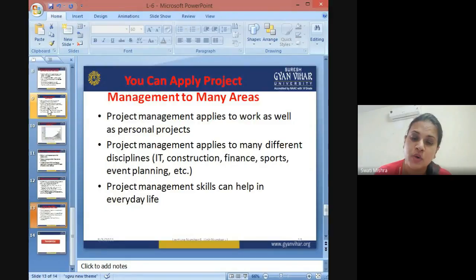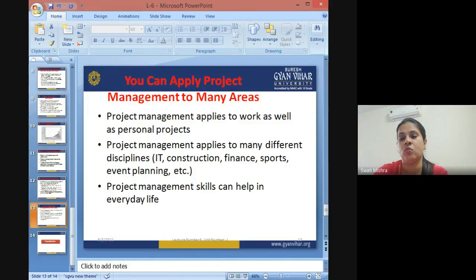Now, you all have to understand that project management in itself is a very practice-oriented subject, as you can see. In this subject, we directly apply the processes and procedures which were designed at the time of implementation of the project under the work breakdown structures.